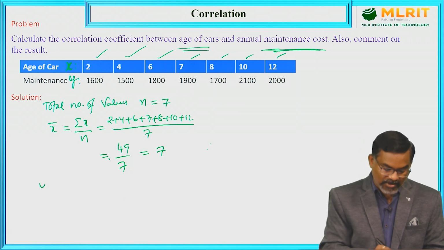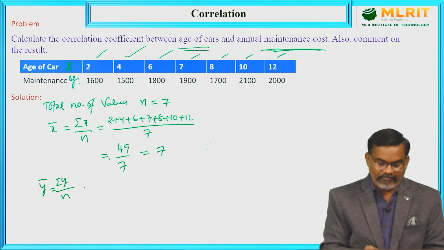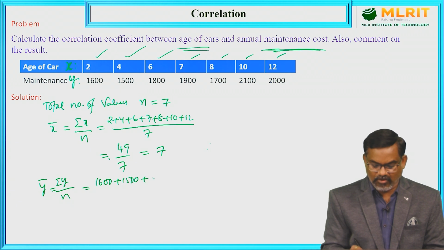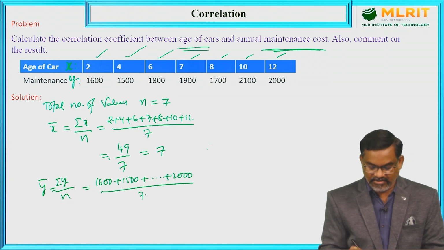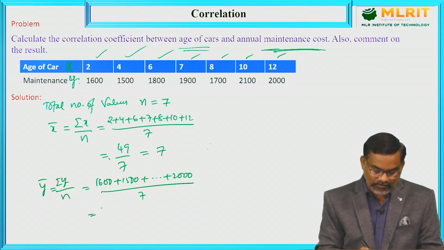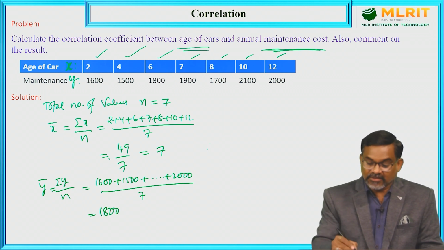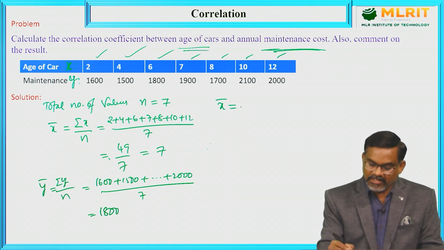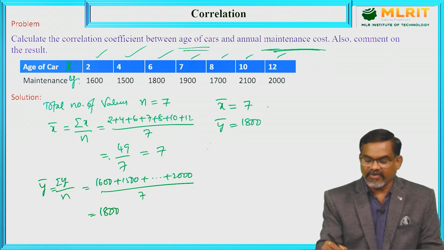Similarly, calculate y bar. So sigma y values divided by n. That means 1600 plus 1500 plus so on plus 2000 divided by 7. So y bar equal to 1800. So it is very clear that x bar and y bar both are integer values.